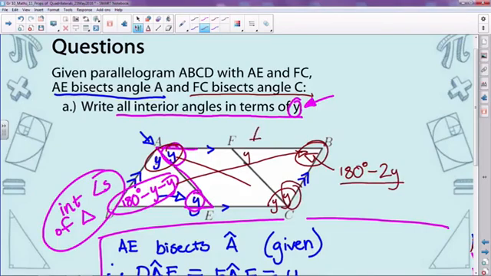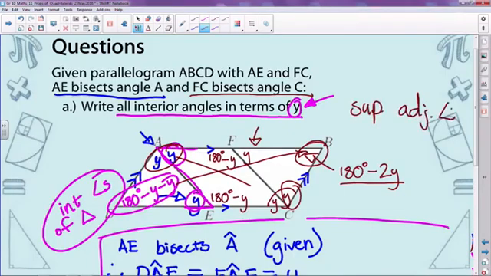Now, if that's equal to y, then supplementary adjacent angles state that this one over here should be 180 degrees minus y, and this one over here should be 180 degrees minus y as well. Why? Because of supplementary adjacent angles.